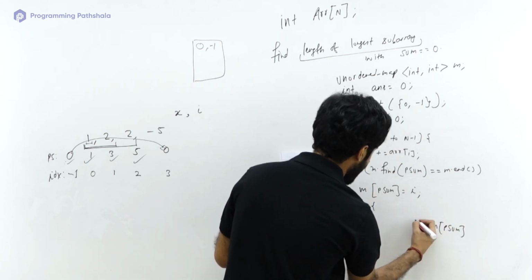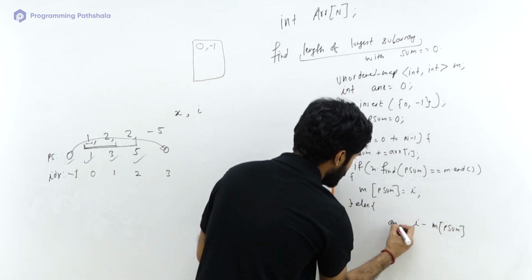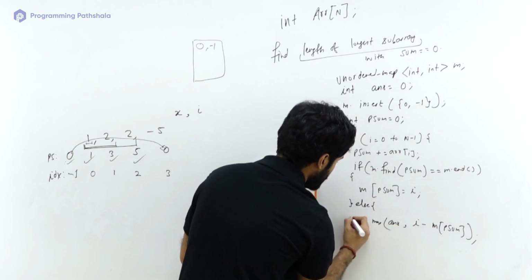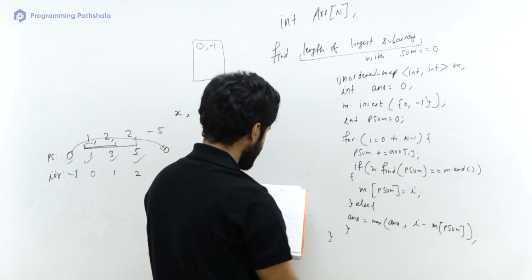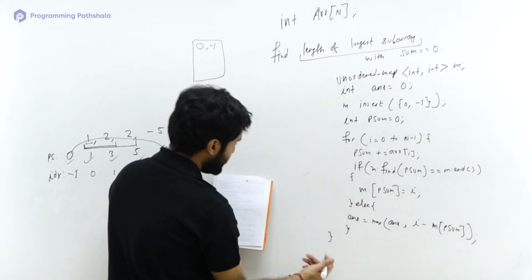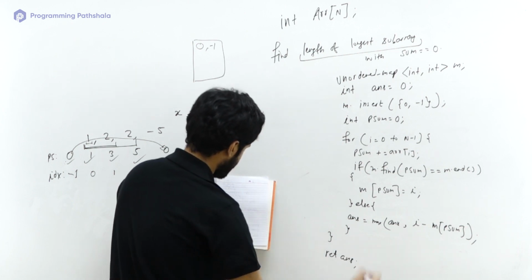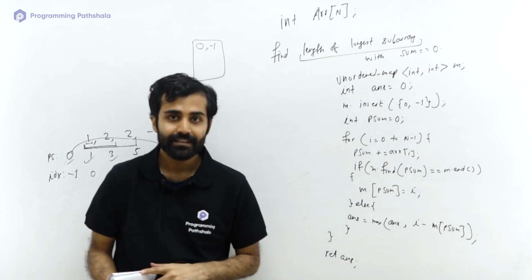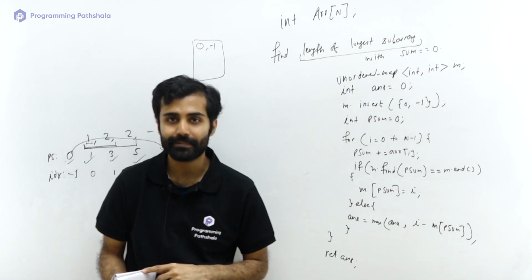Now you subtract this from i, and you just want to update your answer to the max of these two things. So answer equals max of answer, comma, that. And then eventually you can just go ahead and return your answer. So that's how your job is done. So just pause the video and think about the time and space complexity.